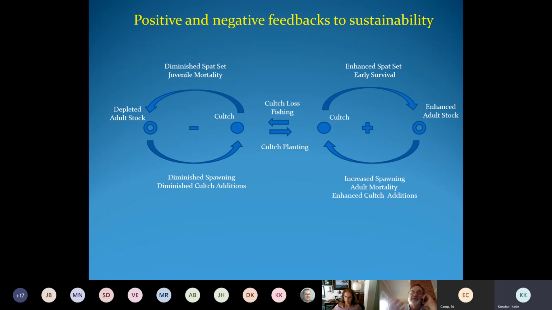And we think that because the more culch, the more spatial heterogeneity, the more nooks and crannies for the oyster spat to survive, the higher the juvenile survivability. So you would have enhanced juvenile mortality with a poor culch condition.